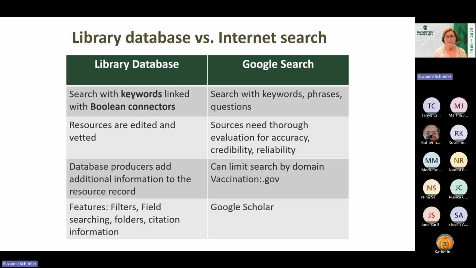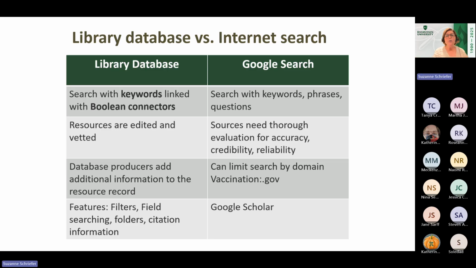A library database is a searchable collection of resources that have been selected by the database companies. So they have been purposely put into these library databases, and the resources are edited and vetted before they are allowed to be in a library database. As we all know, in doing an internet search or using Google, it searches anything that anybody posted online into the database.